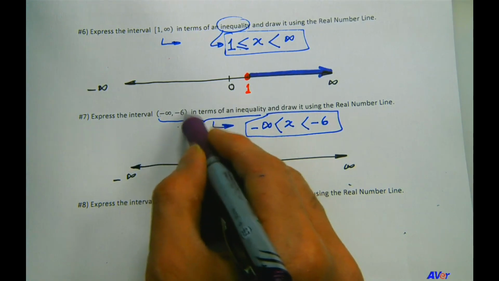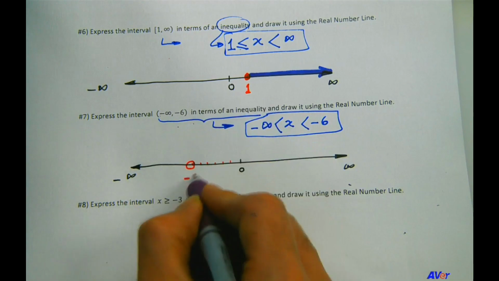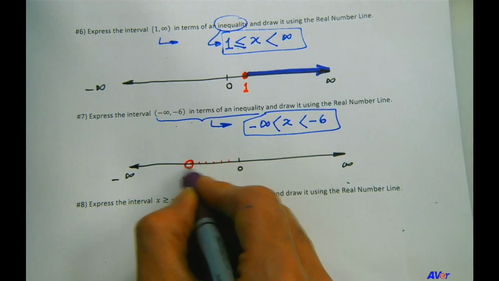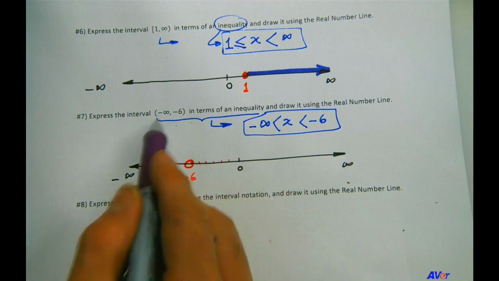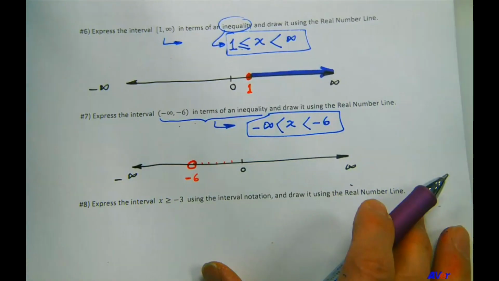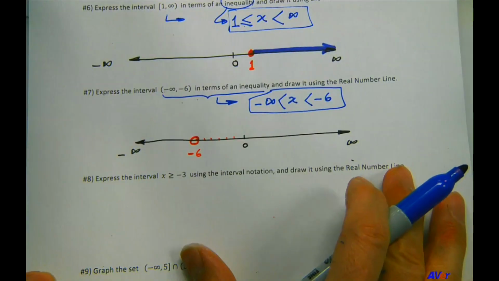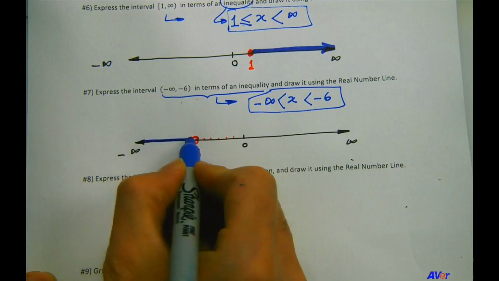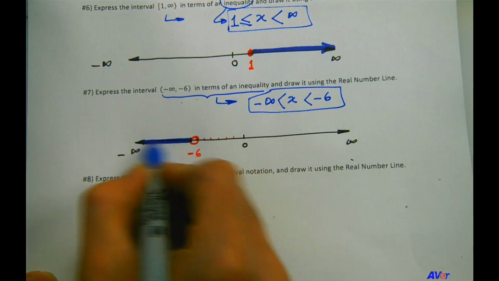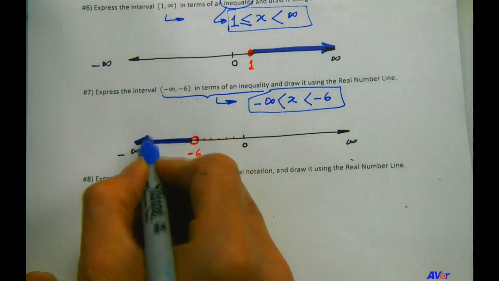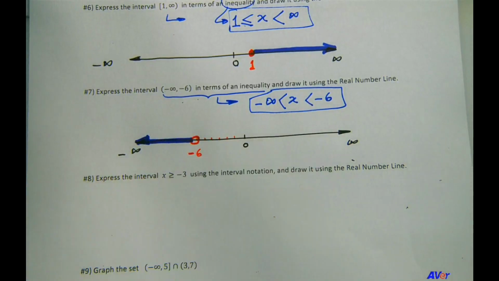That means negative 6 is not part of the solution. So I'm going to show that with a hollow circle. And of course, anything less than that, so anything to the left. Again, I'm going to use my thicker marker here to draw that, like that.